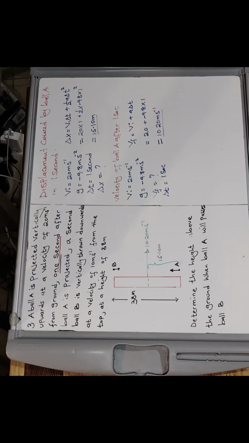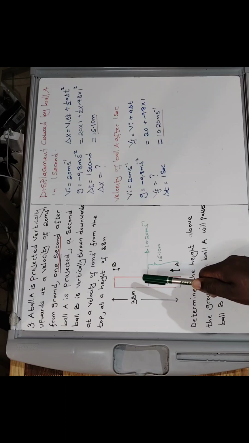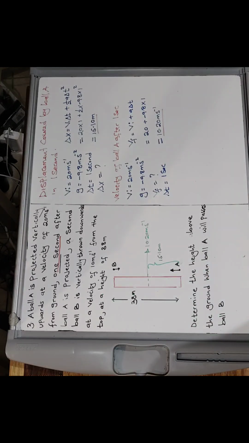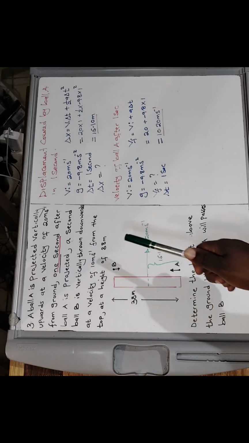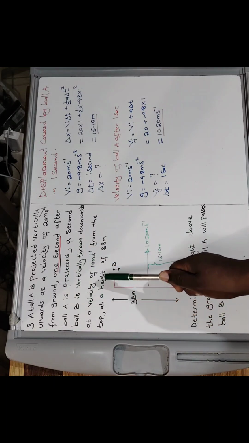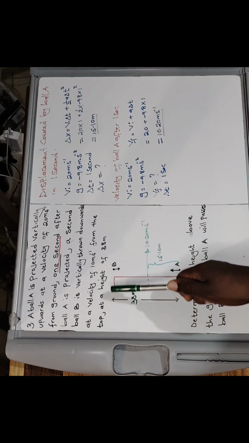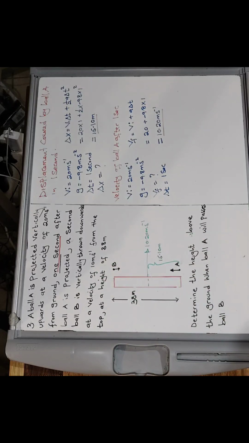Or what are we going to say? That ball A moving at 10.2 meters per second upwards is on head-on collision with ball B, which is moving at 10 meters per second. And the height has changed.